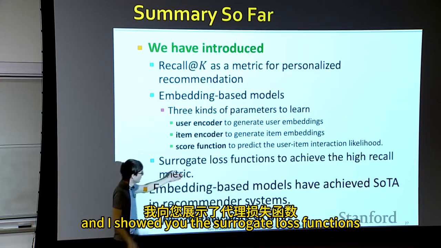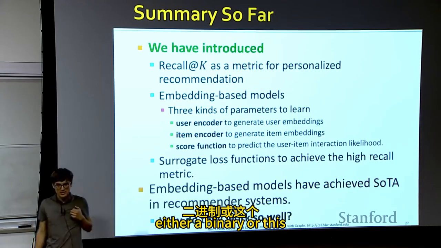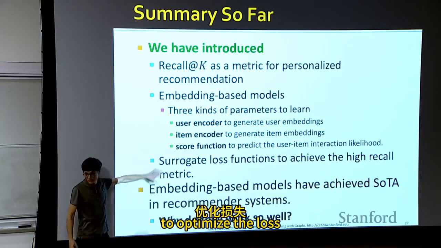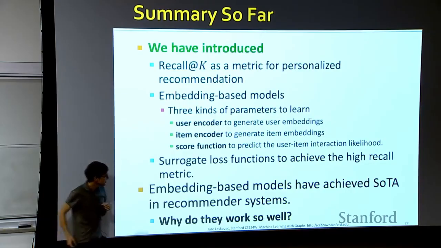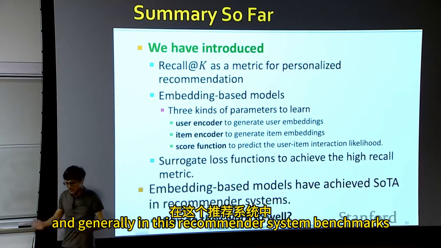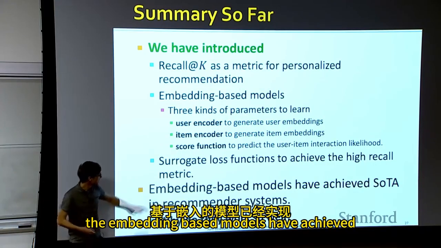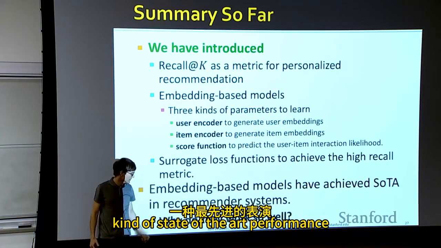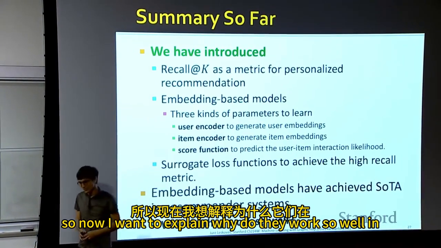And I showed you the surrogate loss functions, either a binary or this personalized ranking loss, that allow you to optimize the loss in order to learn these parameters. And generally in recommender system benchmarks, the embedding-based models have achieved state-of-the-art performance. So now I want to explain why they work so well in these benchmarks.